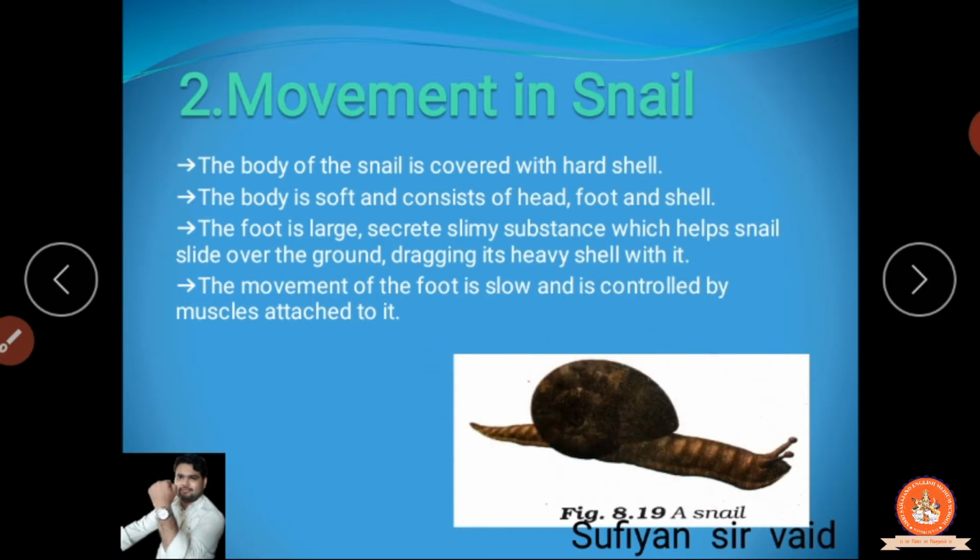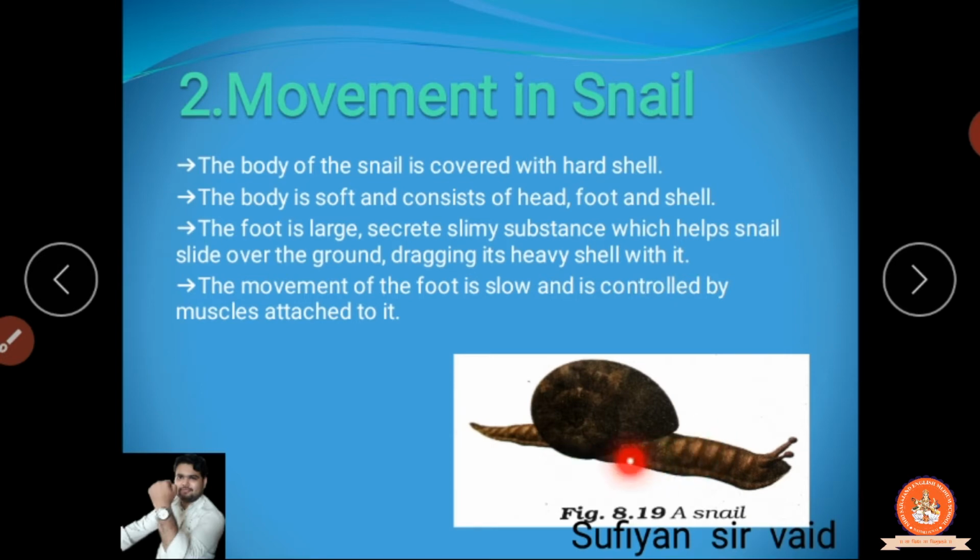Its body is very soft. Then they have one head, a small foot, and this is our shell. Clear? The large foot secretes a slimy substance which helps the snail slide over the ground, dragging its heavy shell with it.